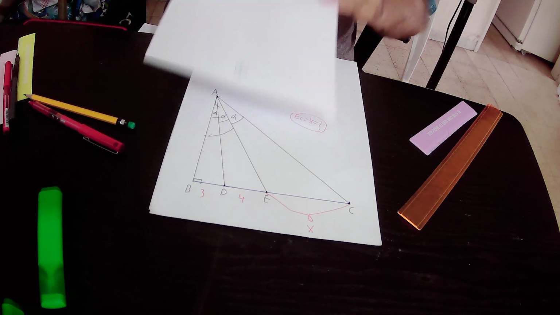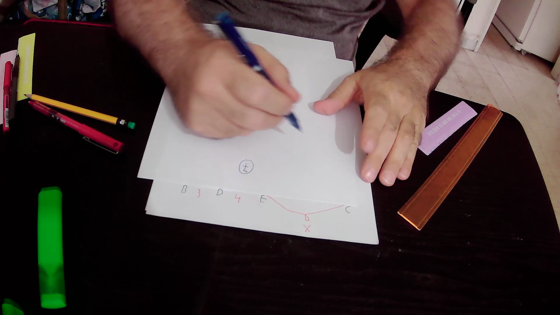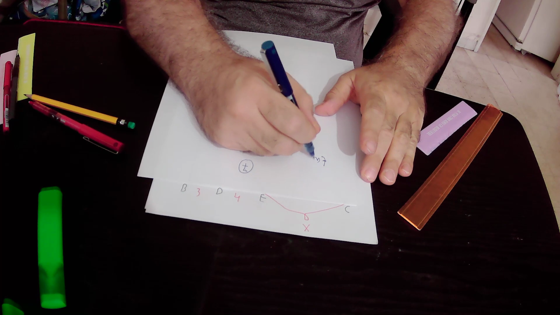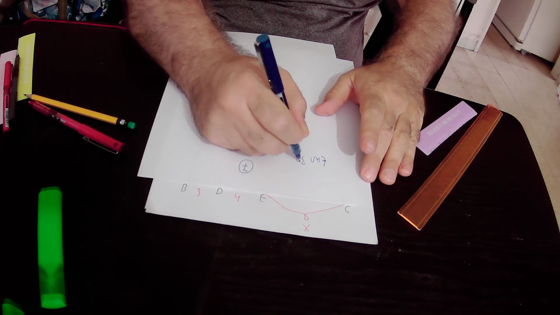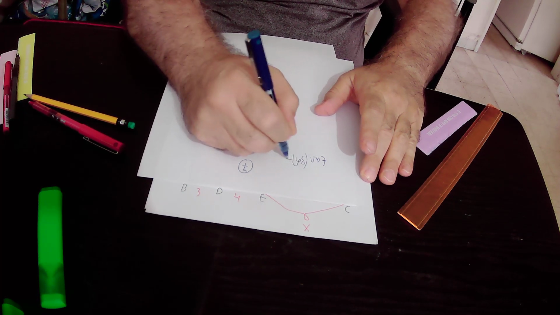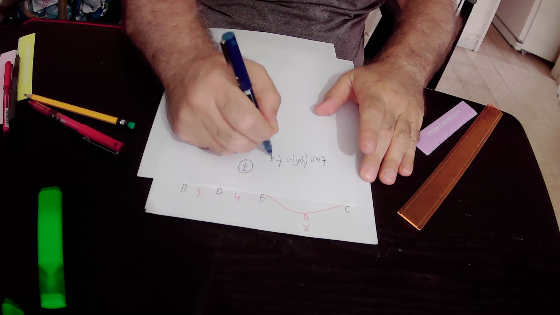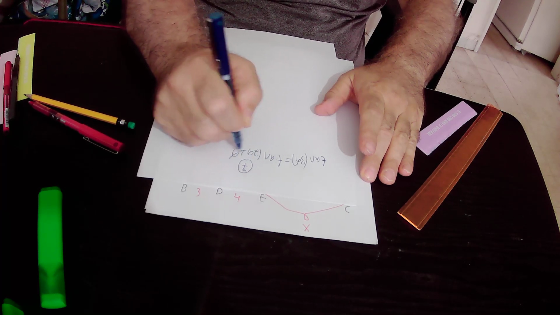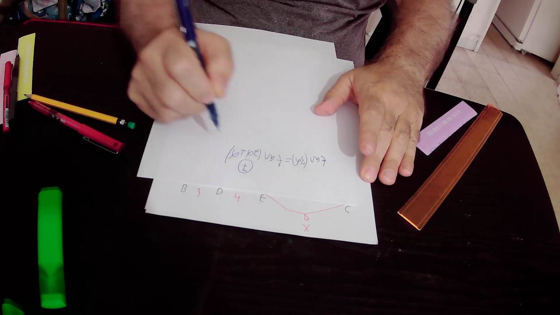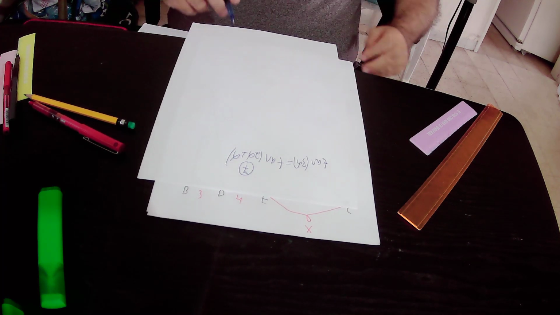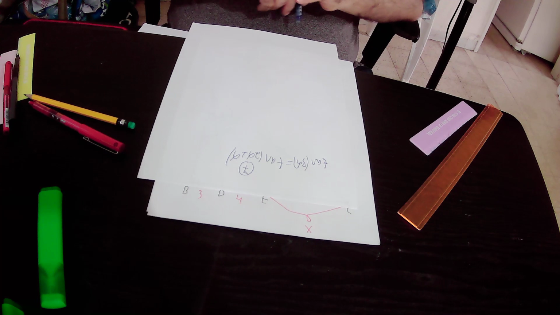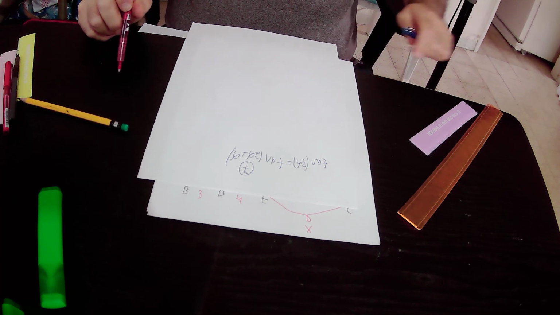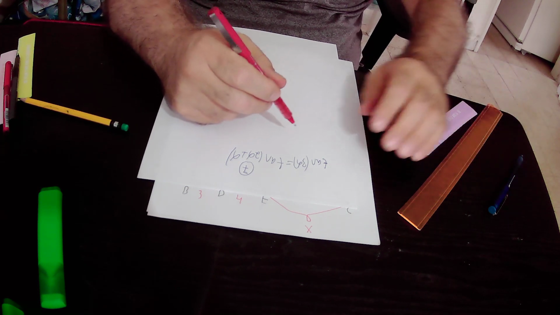But we also know that tangent 3 alpha equals tangent 2 alpha plus alpha. And in order to find out the value of tangent 2 alpha plus alpha, I will present to you a new trigonometric identity.